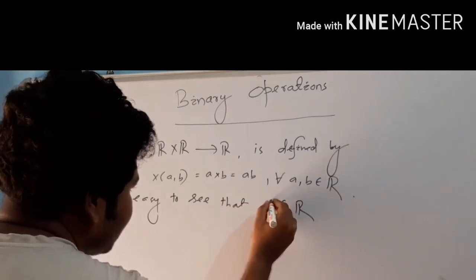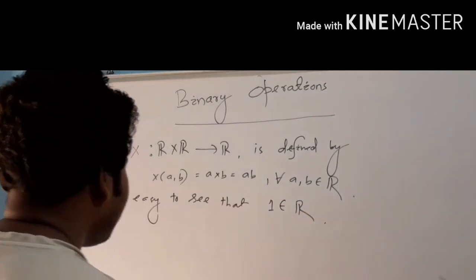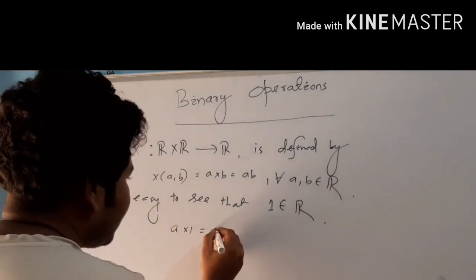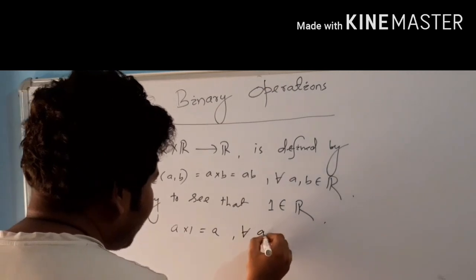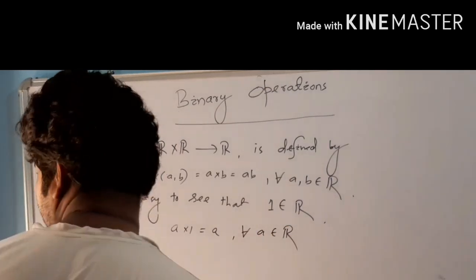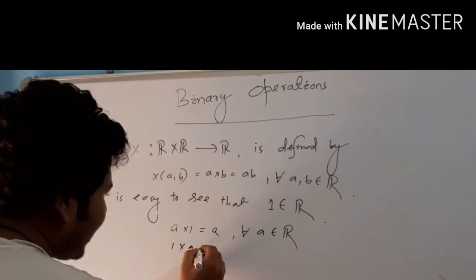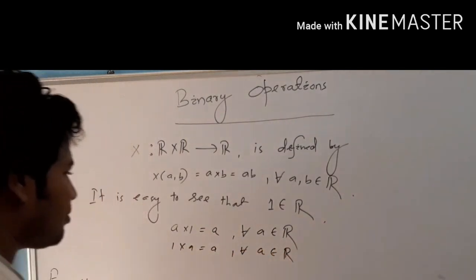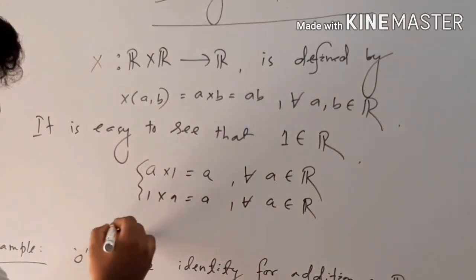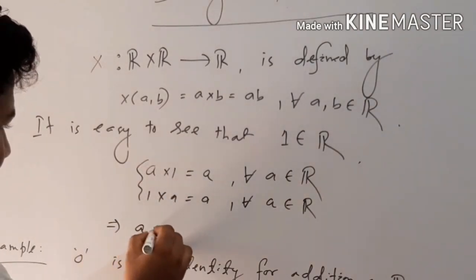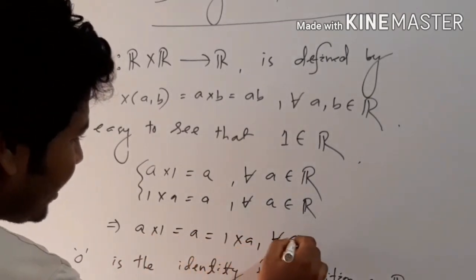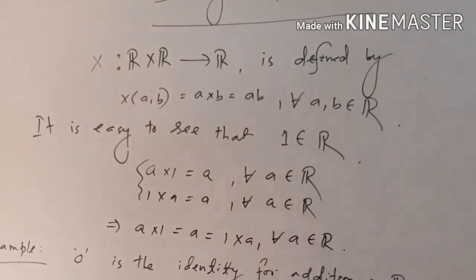It is easy to see that 1 belongs to R, and we can write A into 1 equal to A for any A belongs to R, and 1 into A equal to A for any A belongs to R. So by combining these two, I can write A into 1 equal to A equal to 1 into A, and this is true for all A belongs to R. So here please tally with the definition.